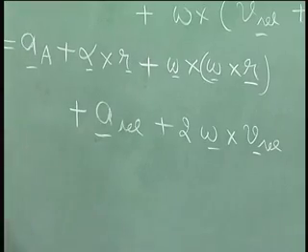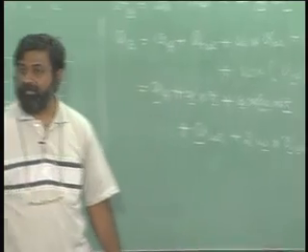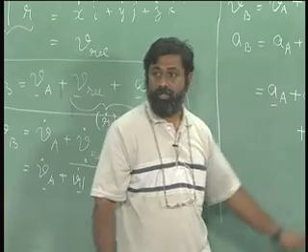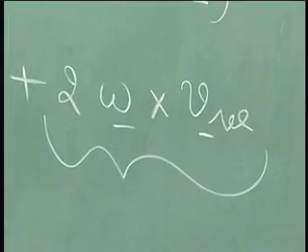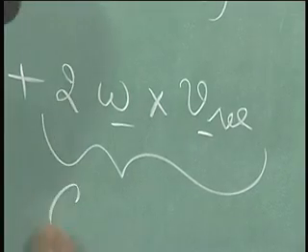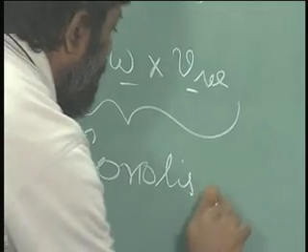But what is counterintuitive is there is an additional term that comes in, which is 2 omega cross V relative, and this counterintuitive acceleration is often called Coriolis acceleration.